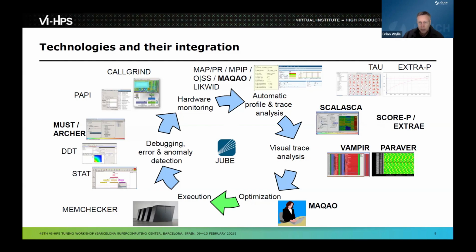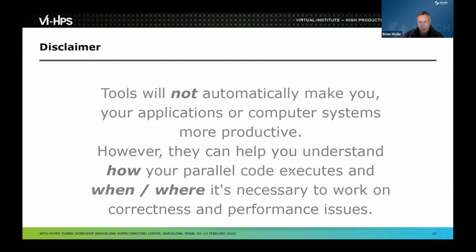This workshop and other workshops like it are an opportunity to learn about what tools are available, how they can be applied, and how to get the best use of them for your own application development. The tools are able to help you, but they don't do everything for you. They help you understand how your parallel code executes and can identify when and where it's necessary to investigate and work on correctness and performance issues. So knowing how to use the tools is a beneficial part of the application development process.